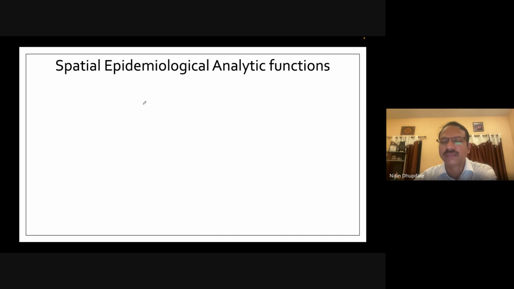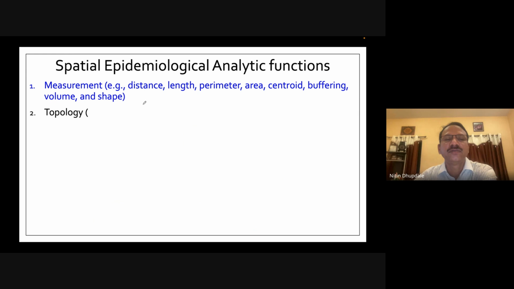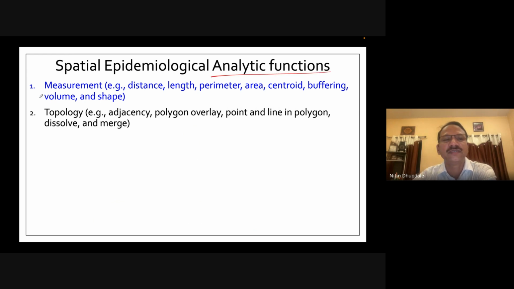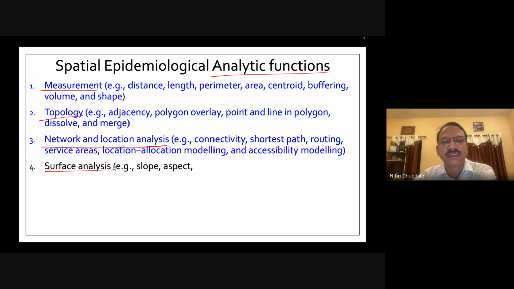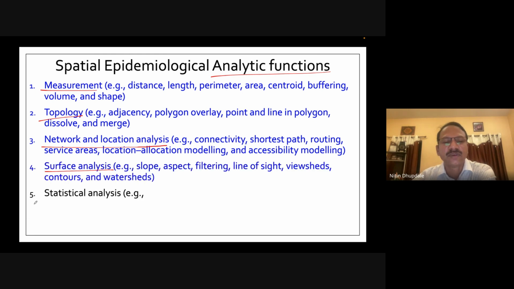So there are various ways we can display our results. In spatial epidemiology, we have so many analytical functions, like we can do a lot of measurements, we can use topography, network and local analysis, surface analysis, and then various statistical analysis can be used.